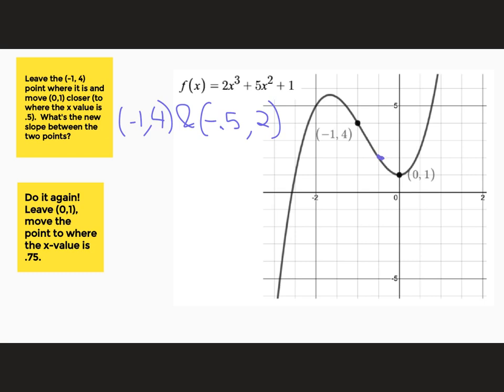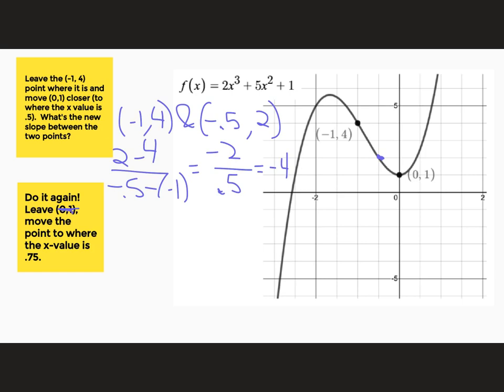And so the slope there, now you're going to say 2 minus 4, or 4 minus 2, negative 0.5 minus negative 1. So that's negative 2. Negative 0.5 plus 1 is 0.5, or 1/2. 2 divided by 1/2 is negative 4. Do it again. Okay.